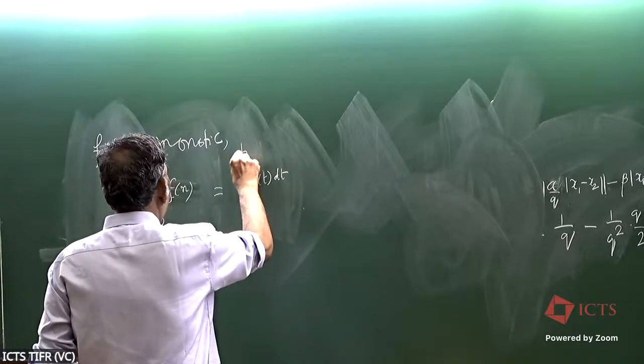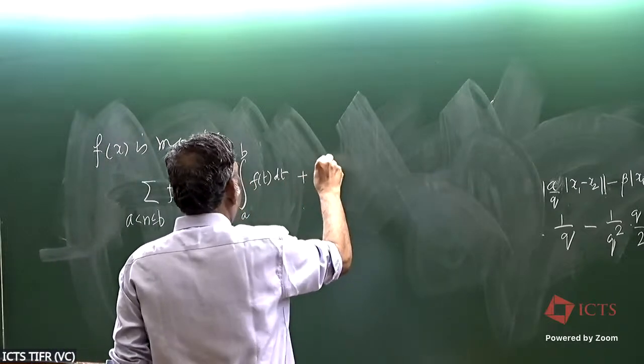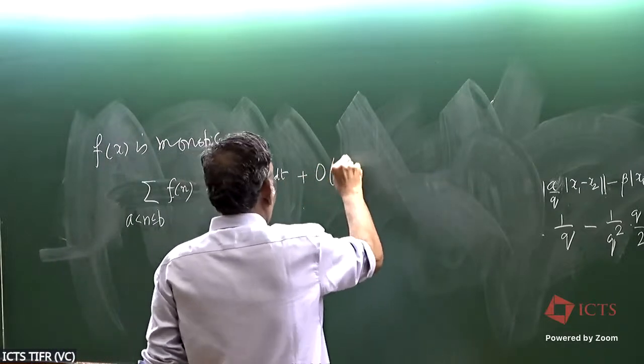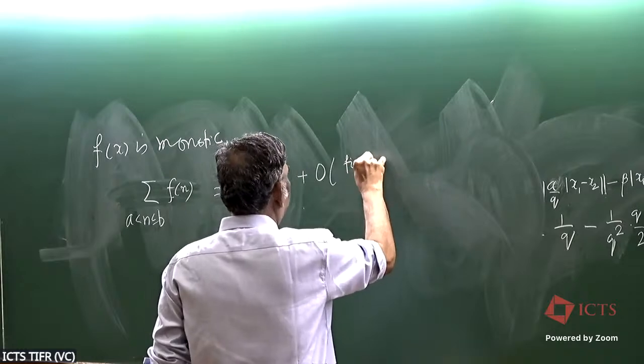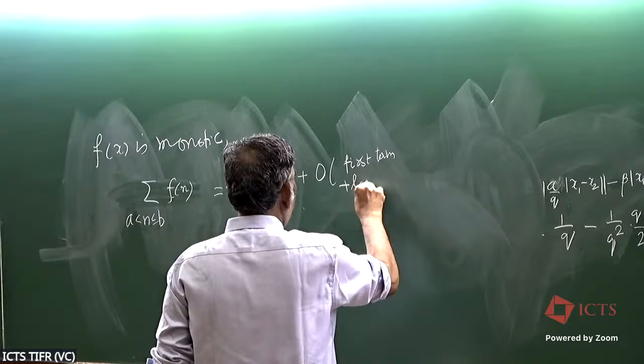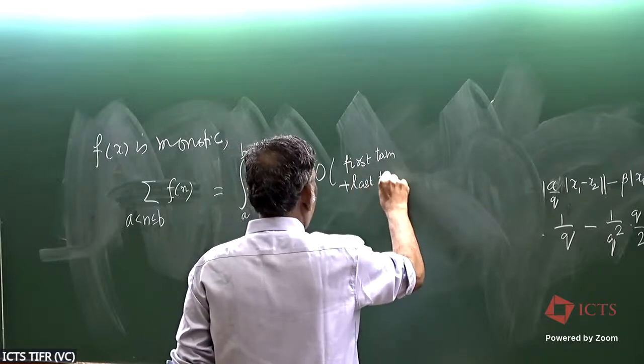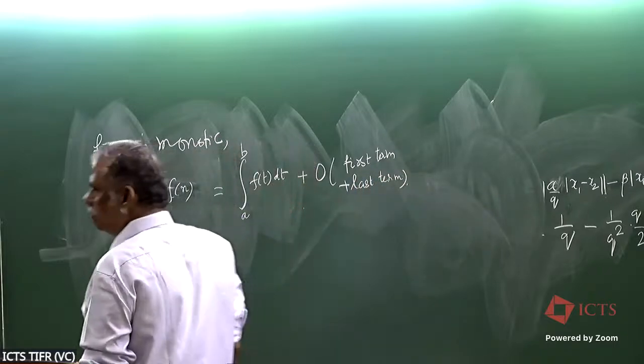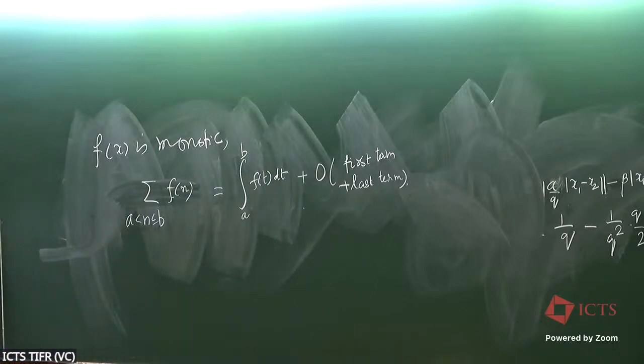The sum is the same as this, up to an error which is O of first term plus last term. That's an exercise you should be able to do.